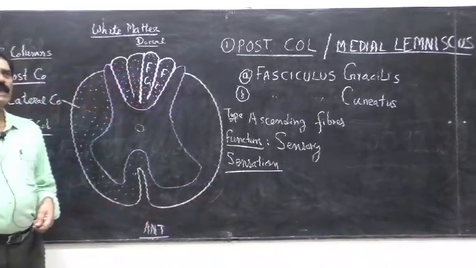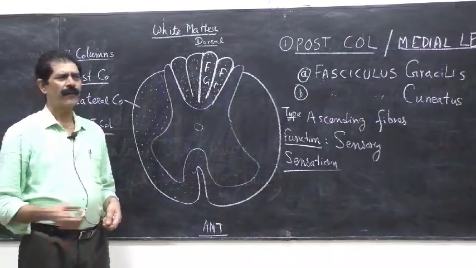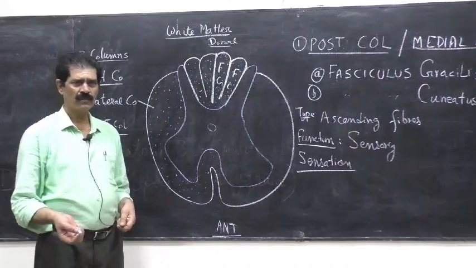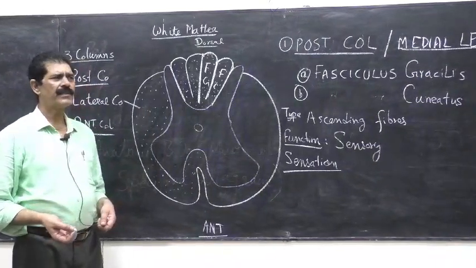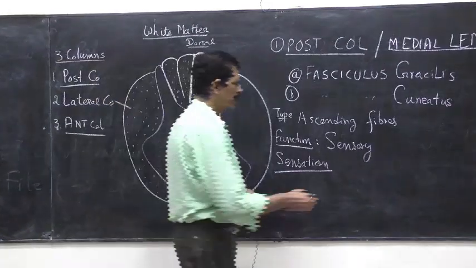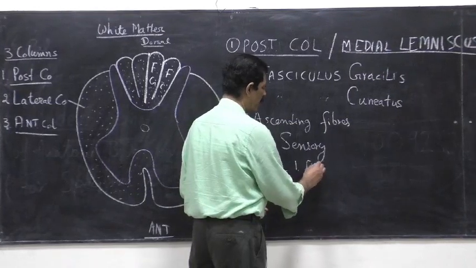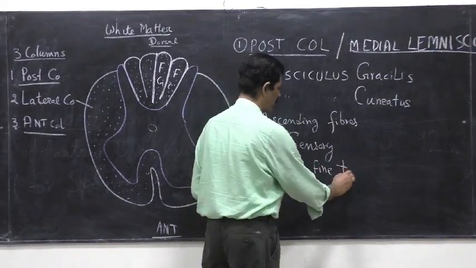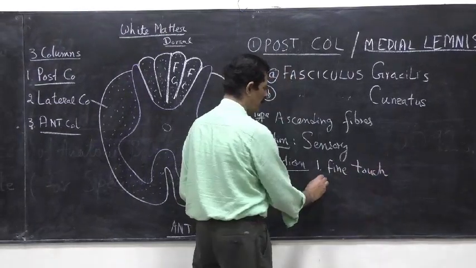So when we see these sensations, then we trace the fibers to the periphery. Then we came to know which type of sensations they are carrying. And when we study them, we see that they carry the sensation of fine touch from the skin.